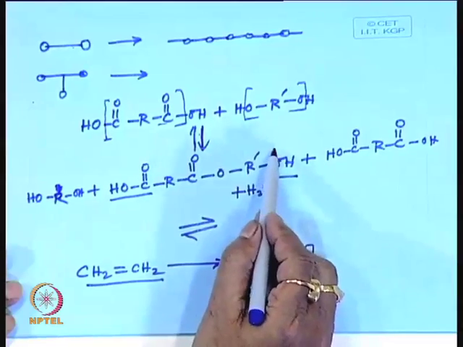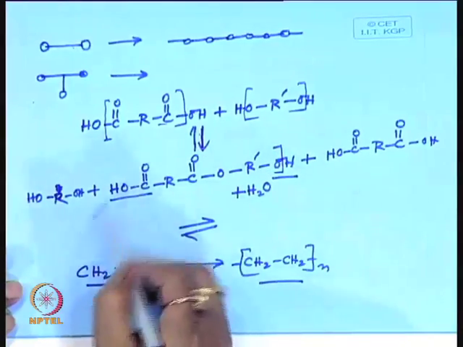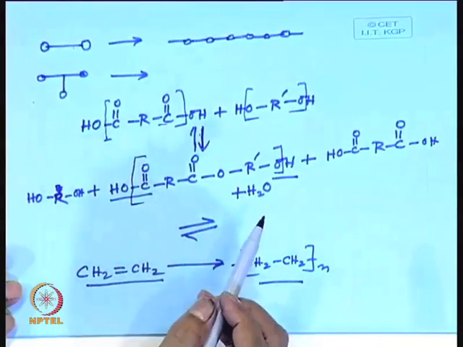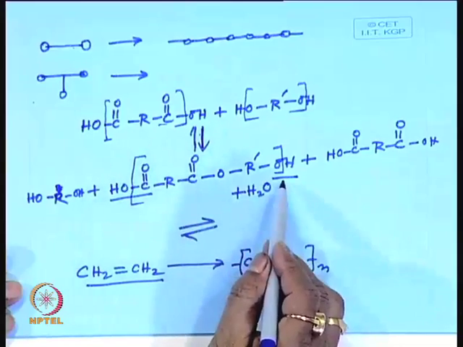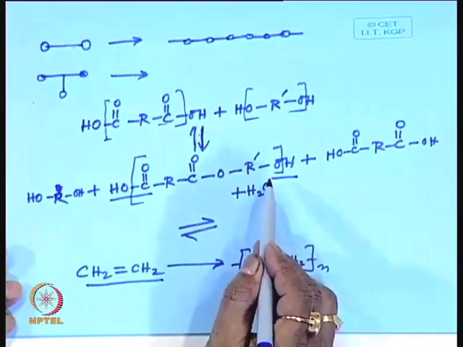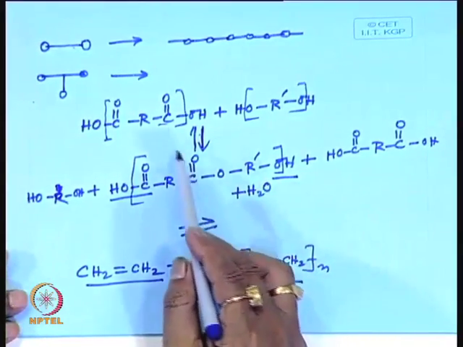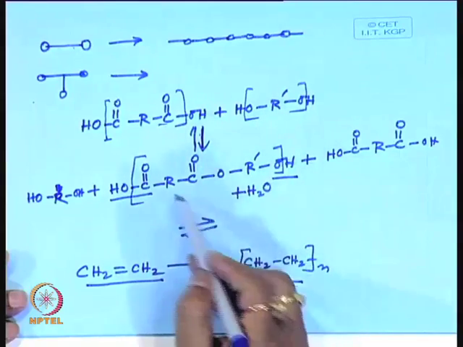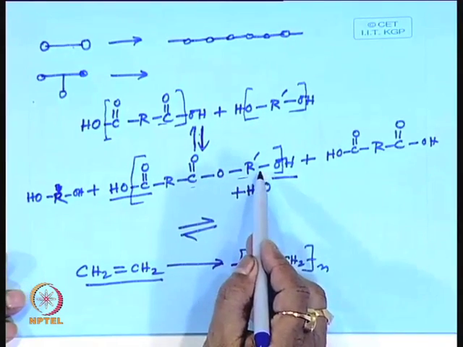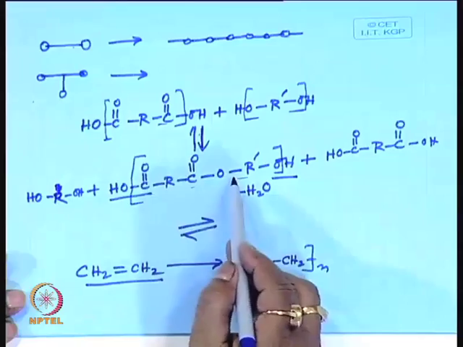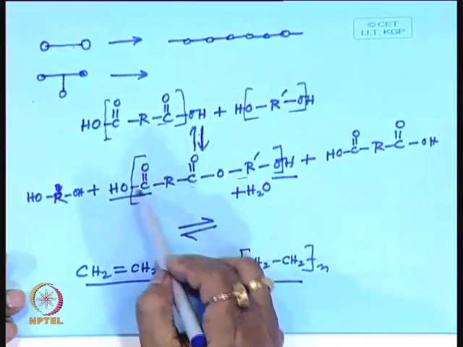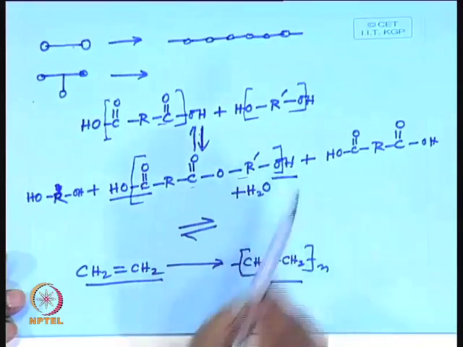So, this thing is coming. So, this is the residue from diol and diacid. This is the monomer unit in a condensation polymerization. This is the monomer unit from here to here.